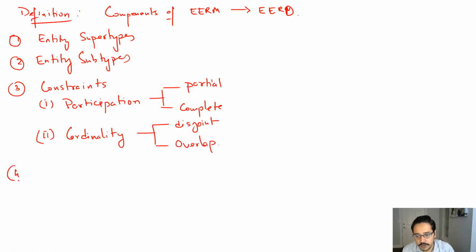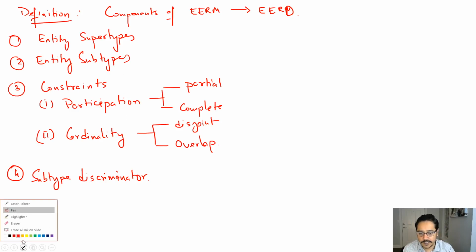And then the fourth component is basically the subtype discriminator. Okay, so now we have all the components, and let's talk about the concepts behind these components and then build our knowledge or understanding one by one.